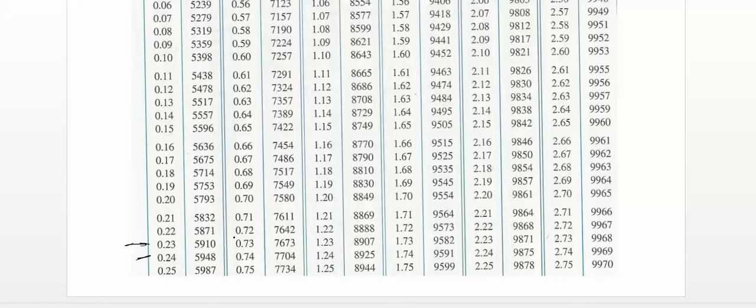And I want to go 14% of the way between 0.5910 and 0.5948, and you can apply your favorite method of linear interpolation in order to get that there. I like to think of the fact that I want to go 14% of the way from 0.23, the answer at 0.23, to the answer at 0.24.